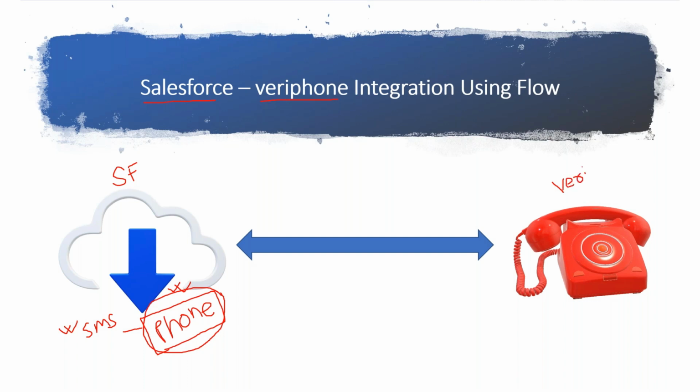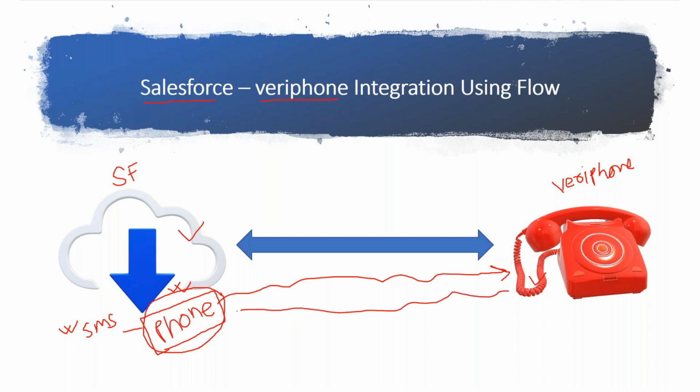Whenever I say I have some kind of integration to do, that means I have two systems, and between these two systems I am going to connect now. The phone number I will pass to Verifone, then Verifone will check whether that number is valid or not, then I will get the response. That response I can update in my system, in my Salesforce.